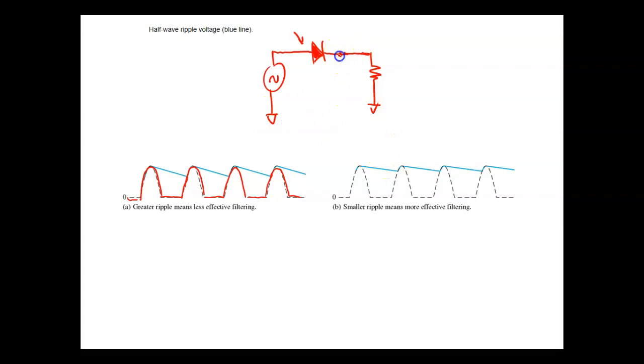Well, what we're going to do now is add a capacitor. And we're going to use what they call an electrolytic capacitor, which is a polarized capacitor. Normally for an electrolytic capacitor, we draw the positive plate with a straight line, and then we draw the negative plate with a curved line.